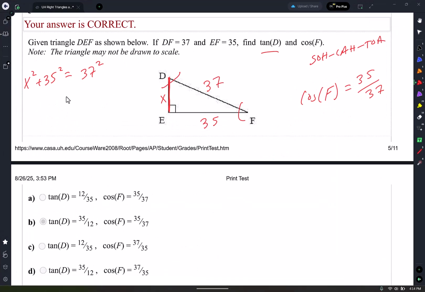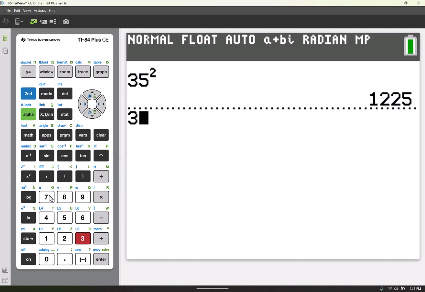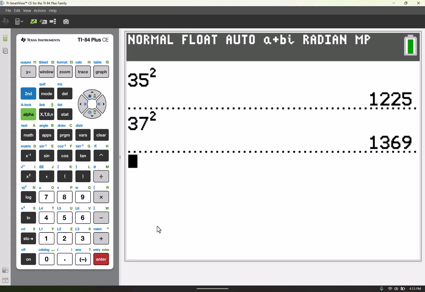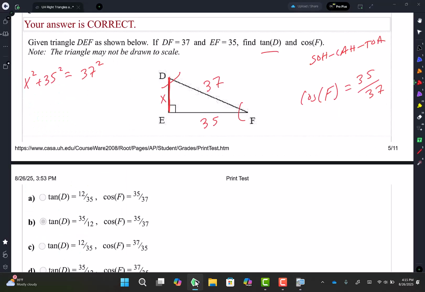All right, so here we go. I'm going to type in 35 squared. And 35 squared is that number. And 37 squared. Oh, we got big numbers. And I'm going to take this number, 1369, and subtract 1225. So x squared, I'm just minusing 35 squared. So 37 squared minus 35 squared.